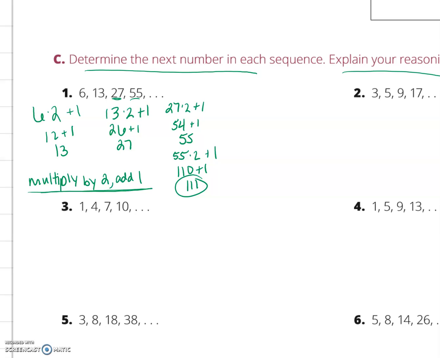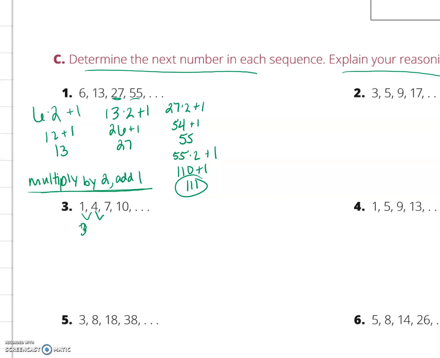Let's jump down to number 3, and you guys can do the even problems for your assignment today. So number 3, I go from 1 to 10, which isn't a very big jump in 4 numbers. So I'm probably not going to be multiplying by anything, so I'm not going to look at multiplication right now. I'm going to just see what I can add. So from 1 to 4, I'm going to add 3.